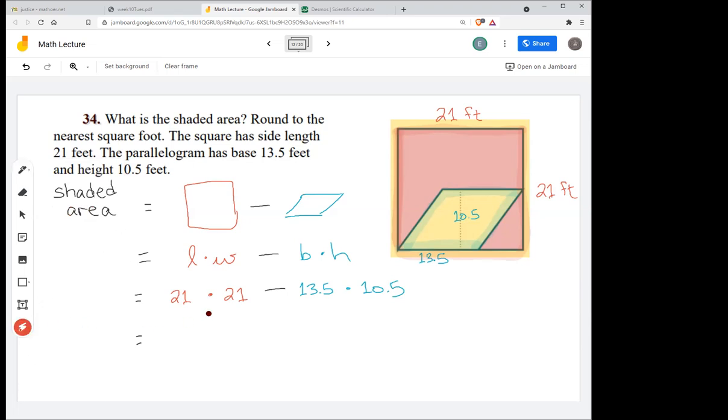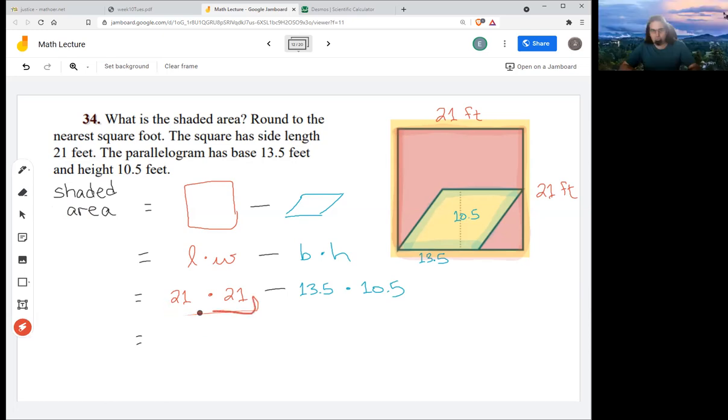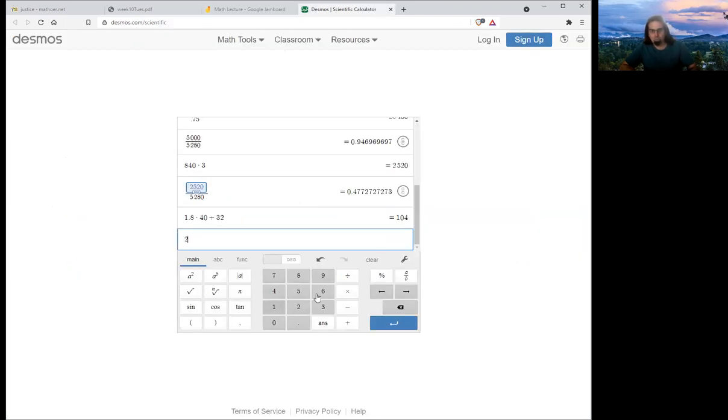Yeah. So these are terms. I don't need parentheses. It already knows with order of operations, my calculator will multiply before I do any subtraction. So I can just put it right in. 21 times 21 minus 13.5 times 10.5.